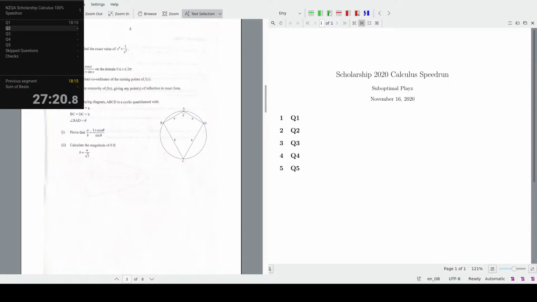So if g prime is 2 sine plus 1, you just like, alright, now you just plug in f prime of 7 pi on 6 to the thing, and what do you get?